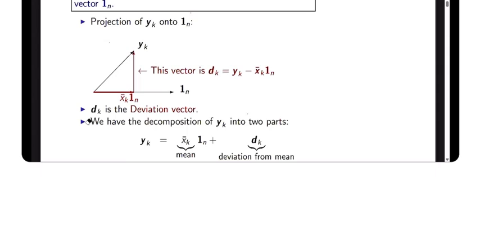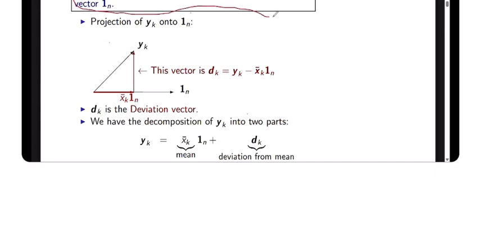Now we want to discuss what we got: the mean in the observation space. Take a look at this. We have projected the y vector onto the one vector. Because of that, I'm making this statement. Take a look at this statement here.